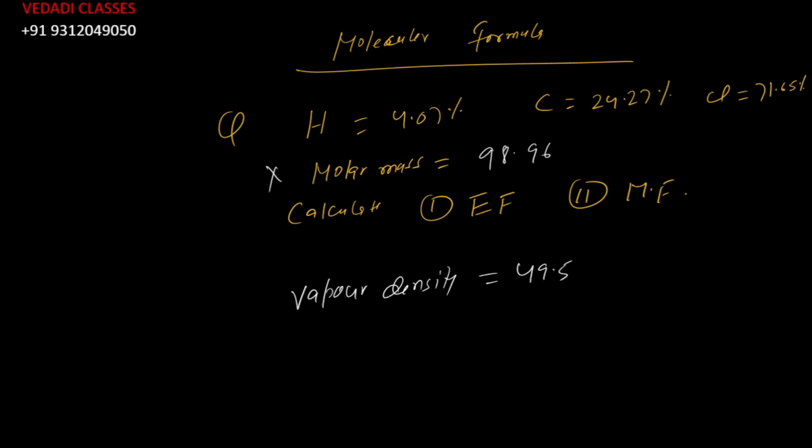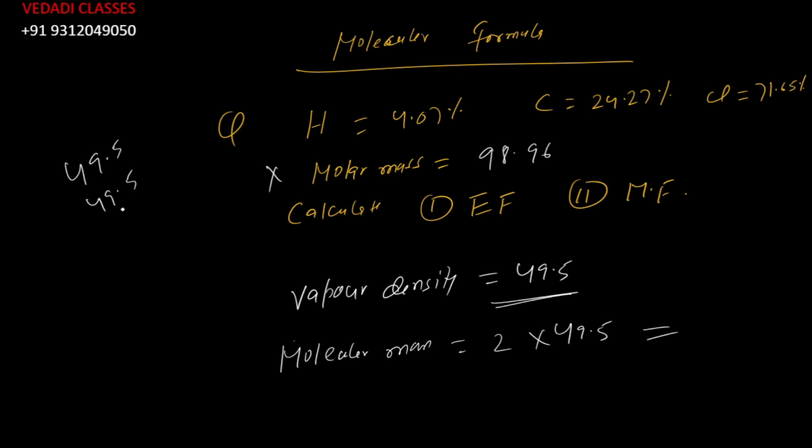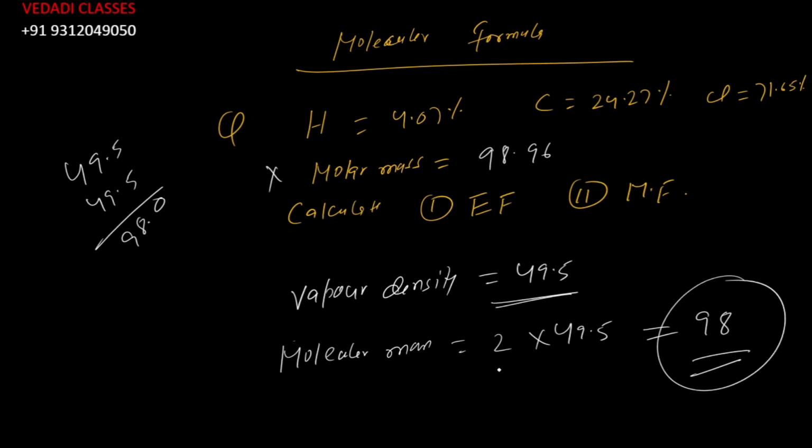Then you have to find the molar mass first. What is the formula of the molecular mass? The molecular mass will be equal to 2 into vapor density, and the vapor density in this case is 49.5. So twice of 49.5 will come 98. So you have to take the value of 98.